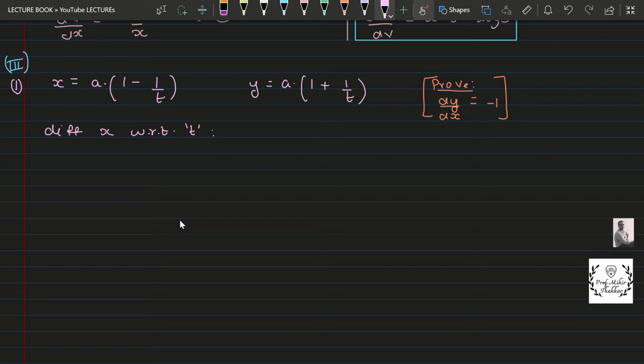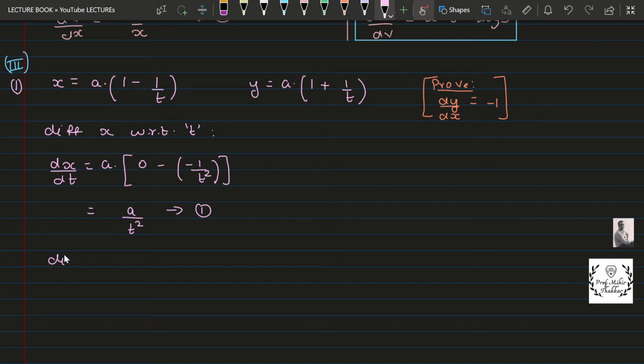So when I differentiate this with respect to t, I get dx upon dt is equal to, as I told you in the beginning, a is the coefficient, we cannot do anything with that. Derivative of 1 is equal to 0 minus derivative of 1 by t, which is actually minus 1 by t square. This is similar to 1 by x, whose derivative was minus 1 by x square. So I get the answer as a upon t square. Minus and minus is plus. a gets multiplied with 1, so a, and the denominator is t square. This is your equation 1.